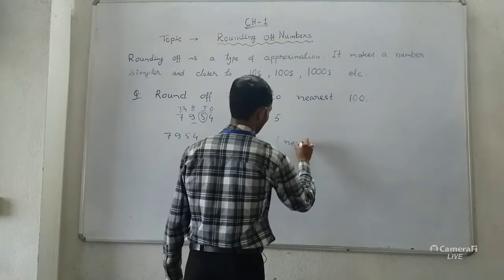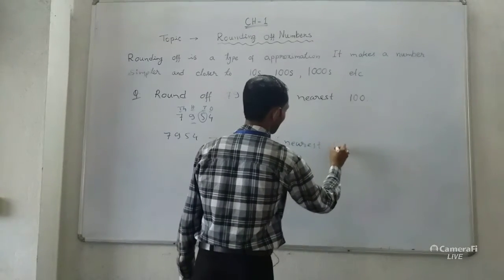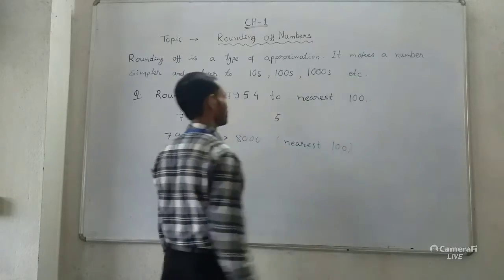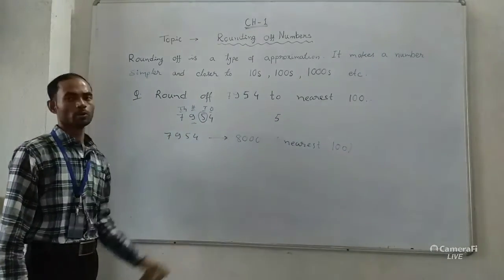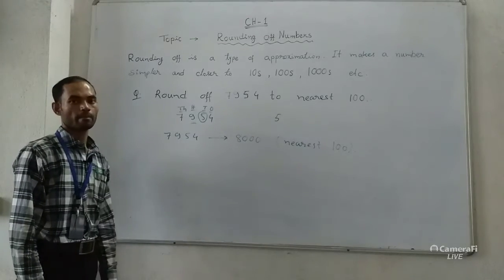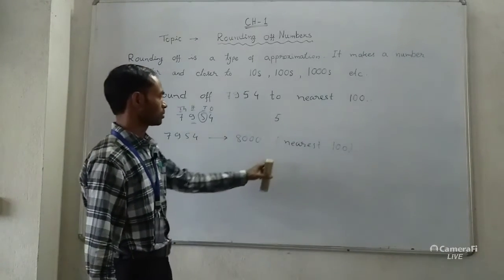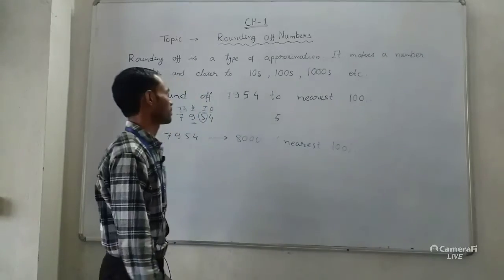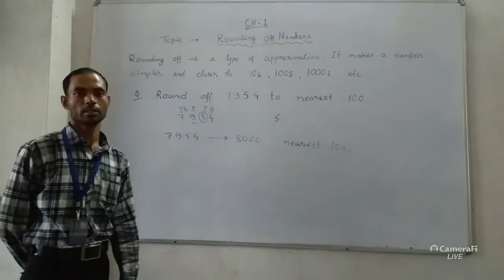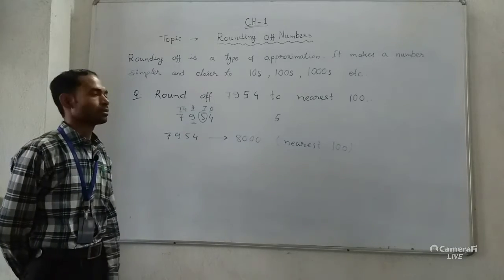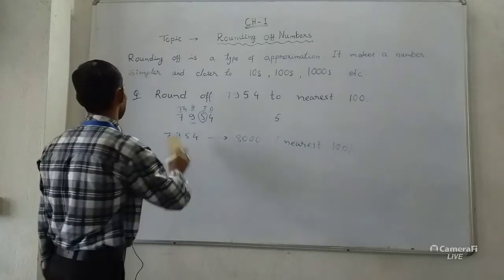Nearest 100. So 7954 becomes 8000, rounded off to the nearest 100. In this way you can round off any number to its hundreds place.